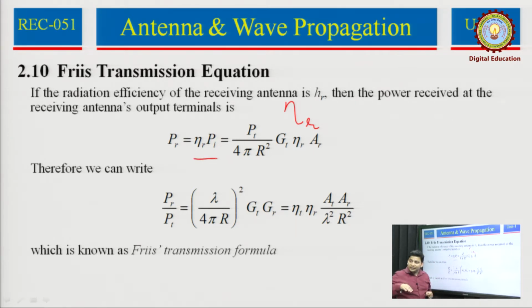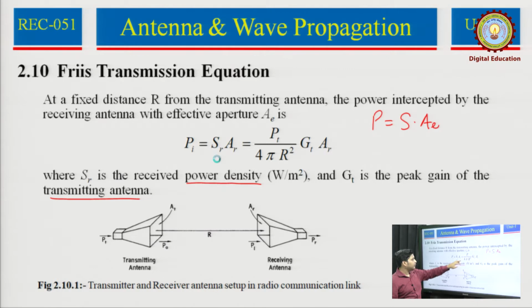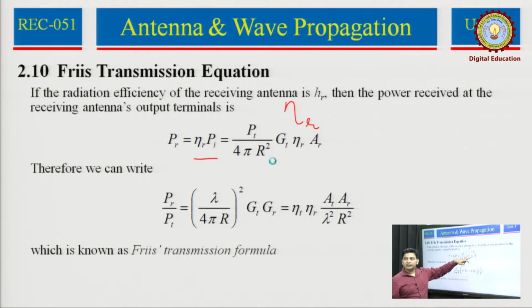The power incident at that angle multiplied by this efficiency, simple. Now, what is the value of power? See this power, PT upon 4 pi R square GT, remember this formula, into AR multiplied by efficiency eta r. We just multiply with efficiency and thus we get this equation: PR equals PT upon 4 pi R square, GT, eta r, AR.